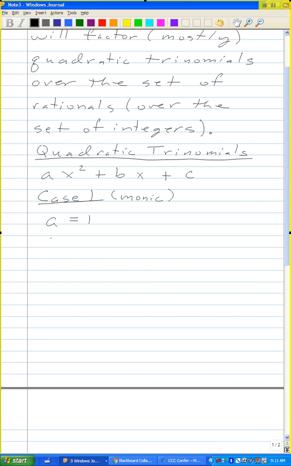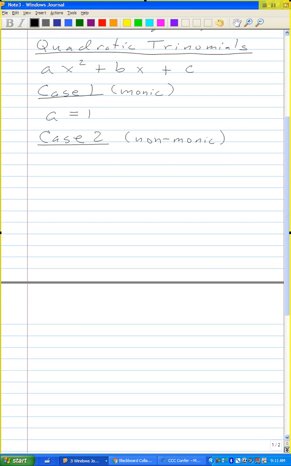Case 2. So this is the non-monic case. So we'll split this into really two different cases here.